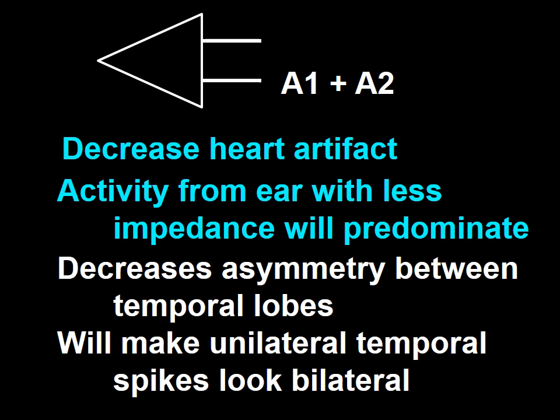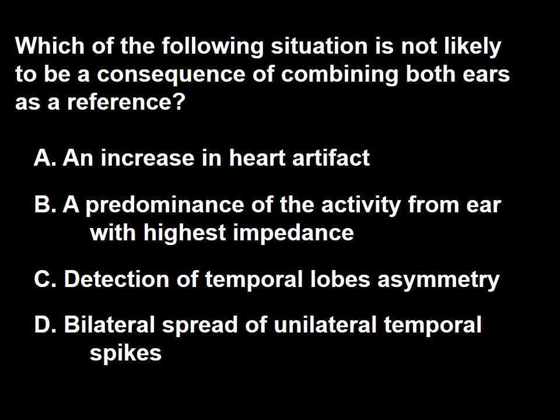This is a source of confusion. Temporal lobe asymmetry will not be detected. This is bad. And unilateral spikes will look bilateral. This is also bad. So the answer to this question is B.